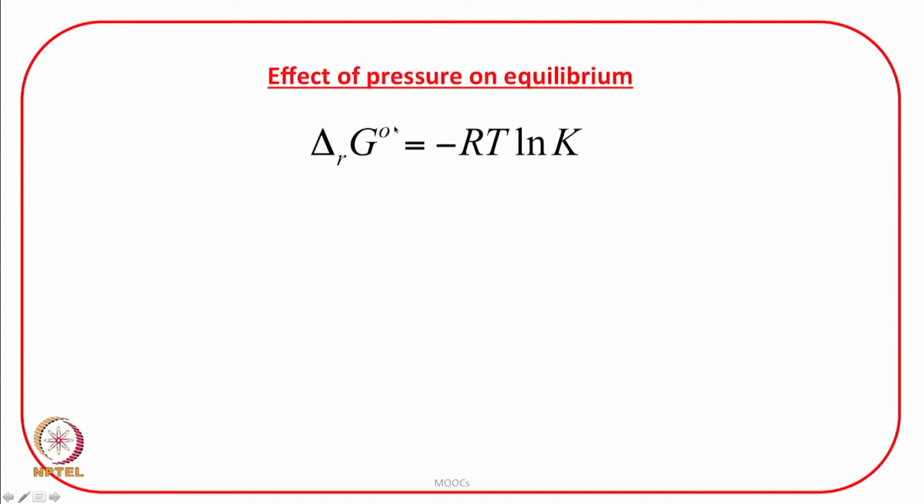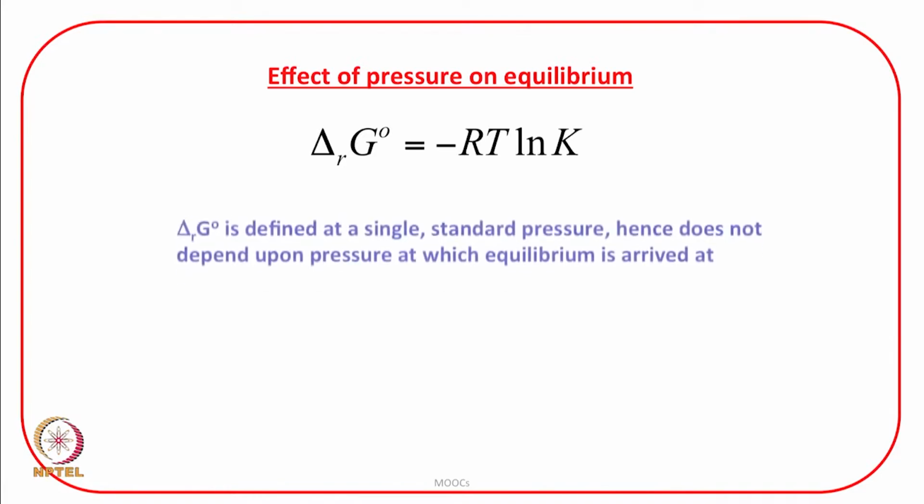Naught means it is a standard state quantity defined at 1 bar pressure. That means the left hand side quantity is defined only at 1 bar pressure, irrespective of the pressure at which the equilibrium has been arrived at. And since the left hand side of the equation is independent of the pressure at which the equilibrium is arrived at, the right hand side must also be independent of the pressure at equilibrium.